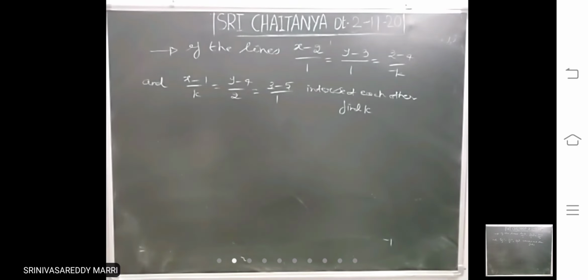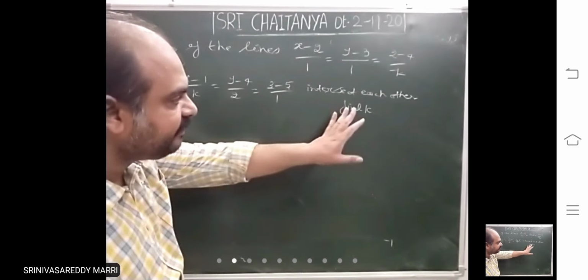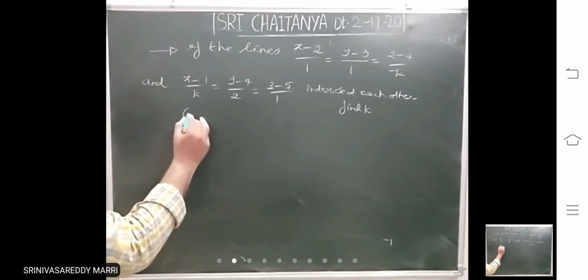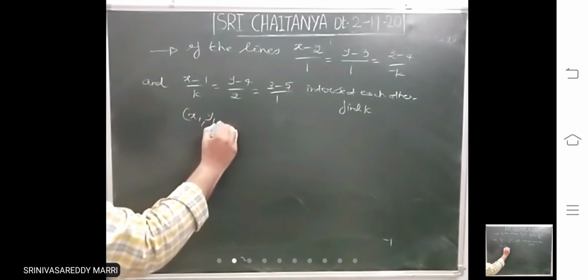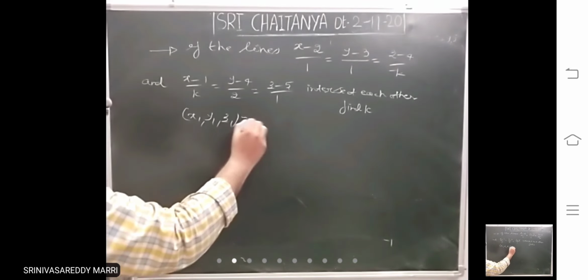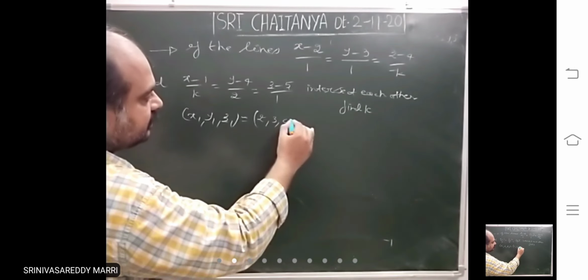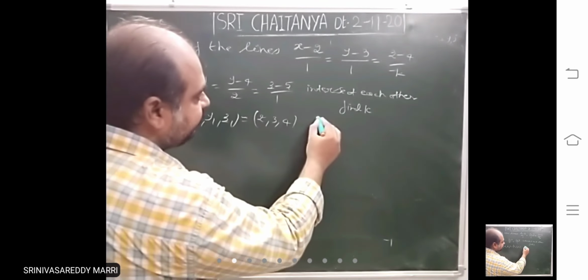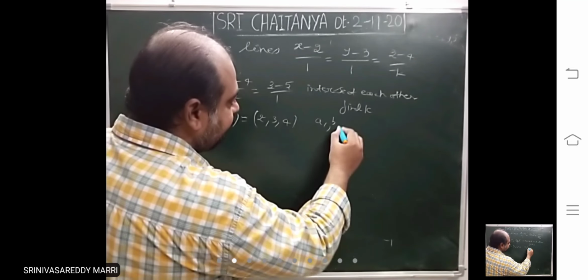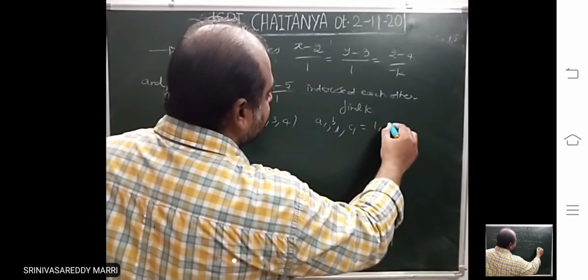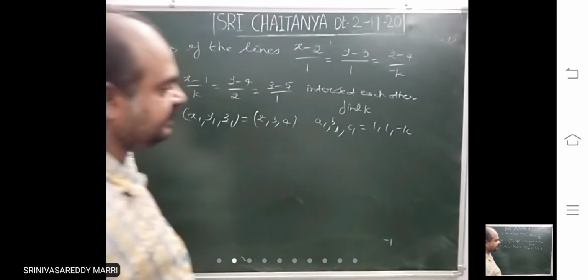Intersect each other means what? They are intersecting lines, which means the determinant equals 0. First, for line 1, calculate x1, y1, z1, which is 2, 3, 4. For the first line the DRs a1, b1, c1 are 1, 1, minus k.